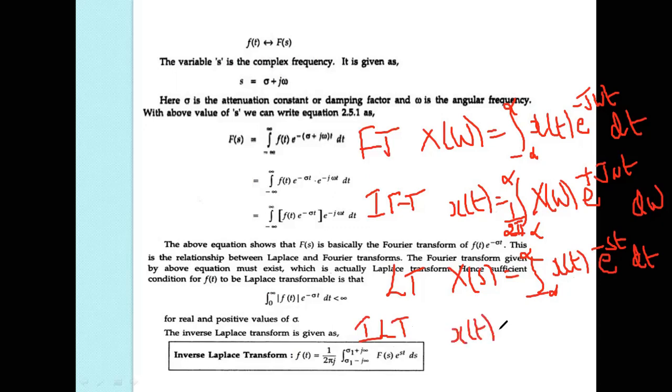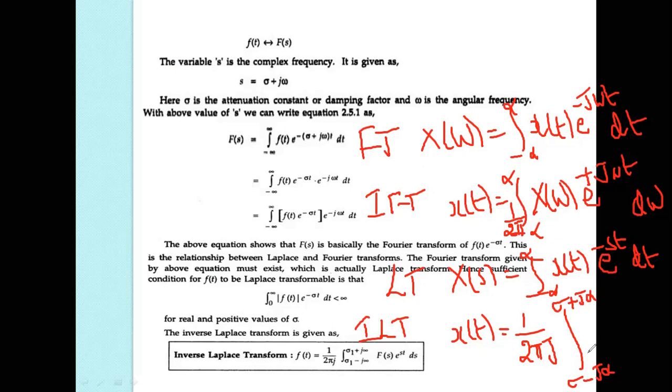Now s is a complex frequency, so the factor is 1 by 2 pi j, and the integral is from sigma minus j infinity to sigma plus j infinity.